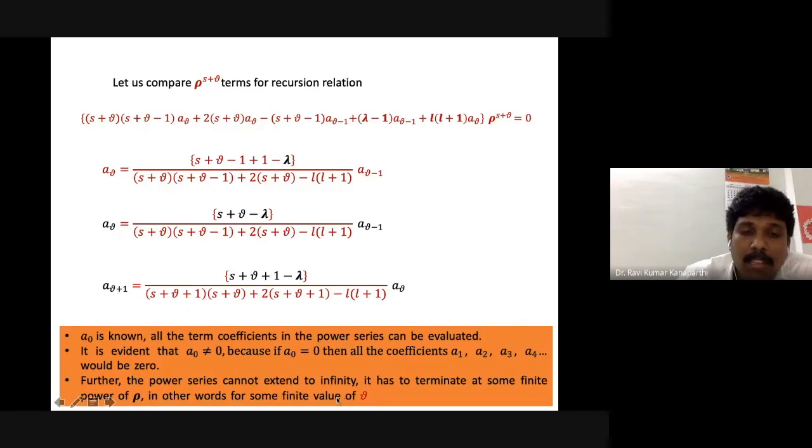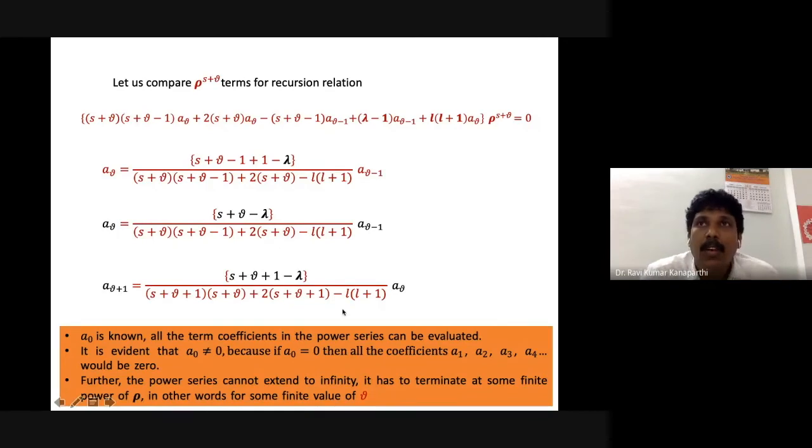Further, by the usual procedure we can evaluate whatever coefficients we like, no problem. But to get an acceptable solution, the power series f of rho cannot run into the infinite region. It has to terminate at a finite power of rho; in other words, we have to terminate with respect to nu, for a finite value of nu. How do we do that? It is exactly the same thing we followed in the previous cases.